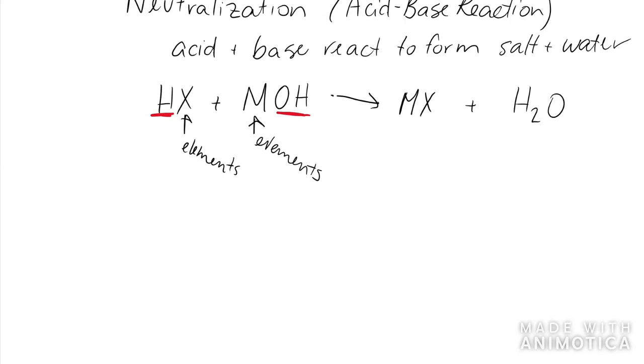Okay, so if we take sulfuric acid, which is H2SO4, and we combine it with calcium hydroxide, what will it give us? Well, our SO4 and our calcium will go together.